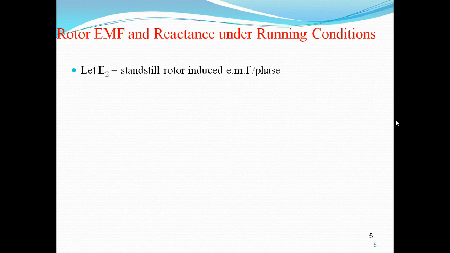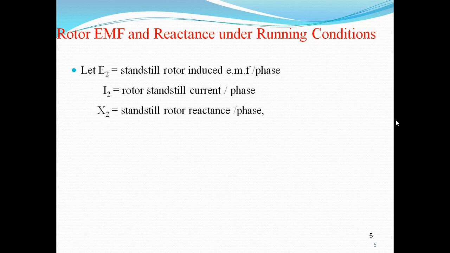E2 is the standstill rotor induced EMF per phase, next I2 is the rotor standstill current per phase, and next X2 is the standstill rotor reactance per phase, and f2 is the rotor frequency at standstill.